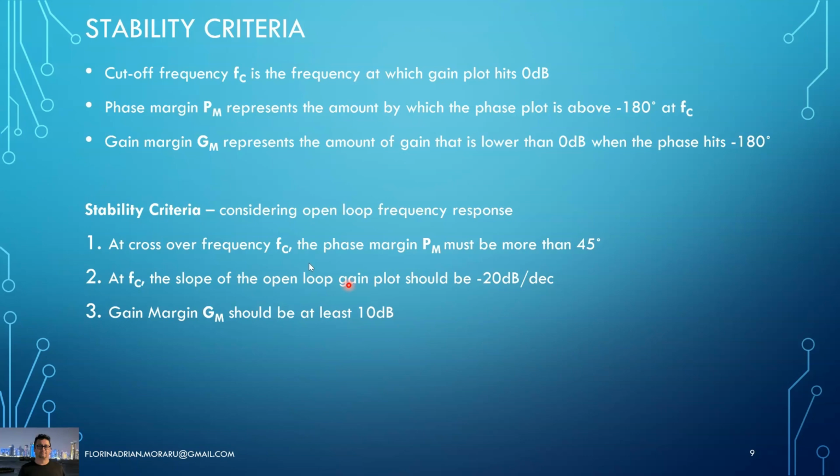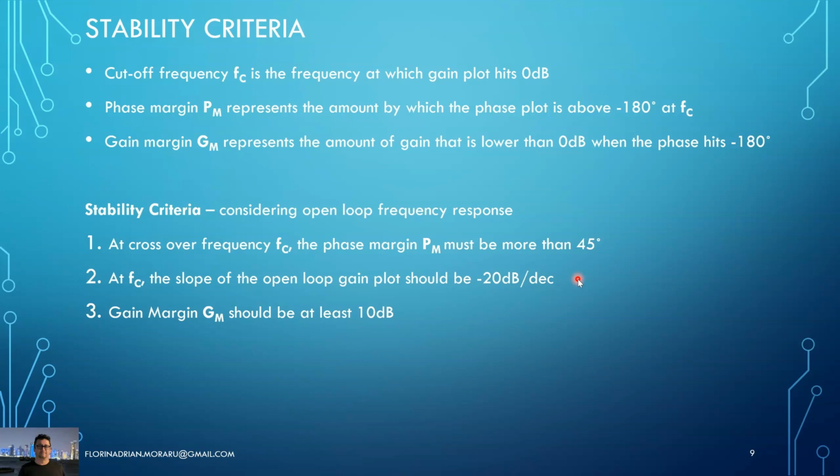And in general, as stability criteria, because we have closed loop systems, we are looking for a certain slope when we are referring to the gain characteristics.